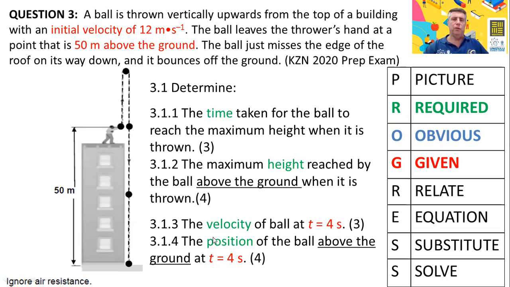There are four questions, and I've arranged them in two groups of two, because the first two questions ask about the point of maximum height, and the next two questions ask about a later point after 4 seconds have elapsed. So we have a picture which we're going to add to. I've highlighted in green what is required: a time, a height, a velocity, and a position. We're going to put in blue what is obvious, like the acceleration of gravity, and highlighted in red some of the data which is given.